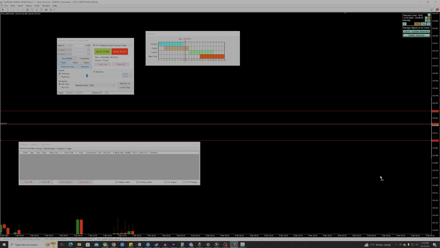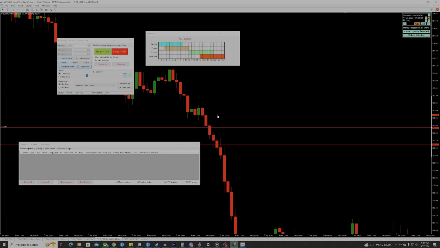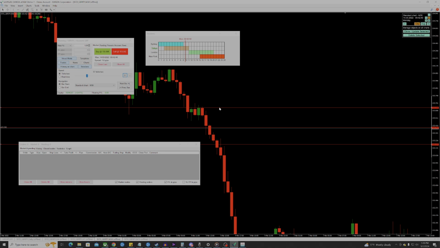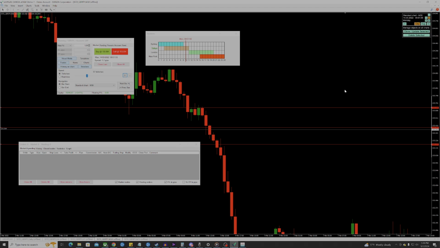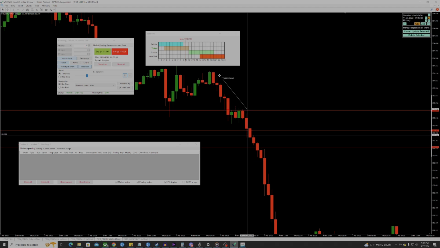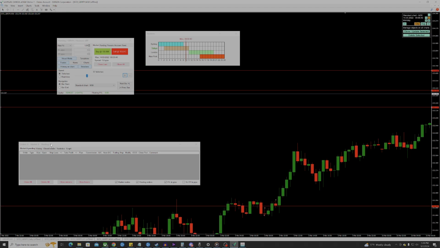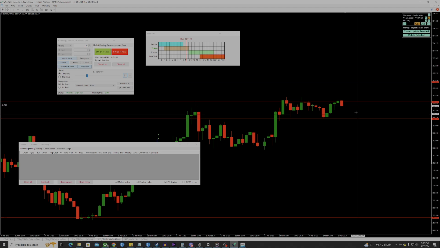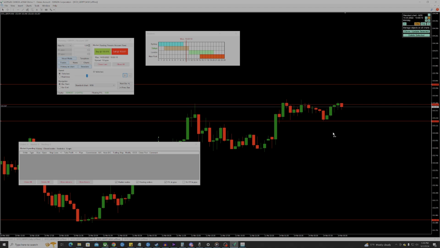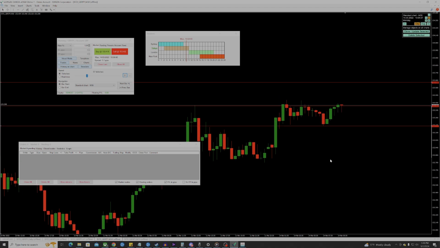This might not even be a resistance, really. There it is. We could push it to that, but you're kind of getting into forcing a trade territory here, because that's a much better range right there. So we wait. We just wait.